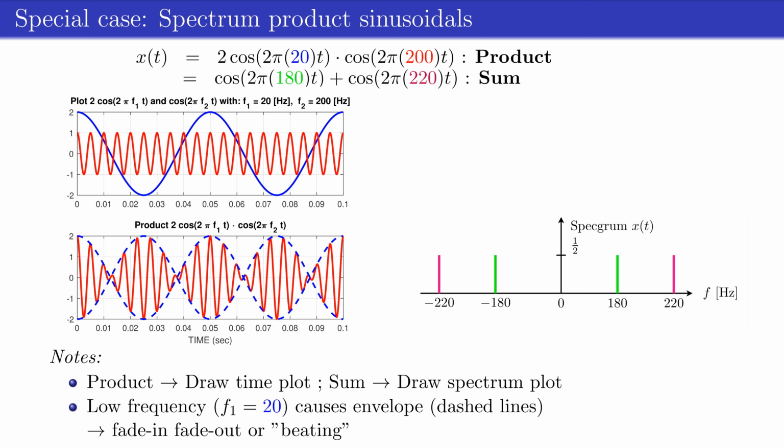Furthermore, the low frequency causes the envelope in the plot of the product as a function of time, which results in the fade-in and fade-out of a signal. In music, this phenomenon is called beating.